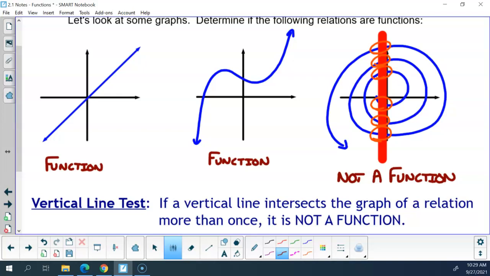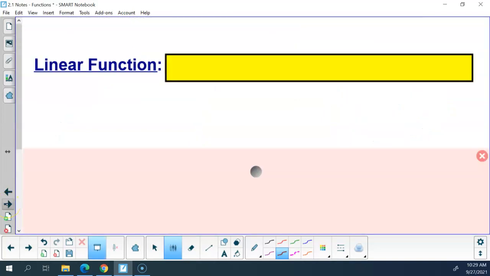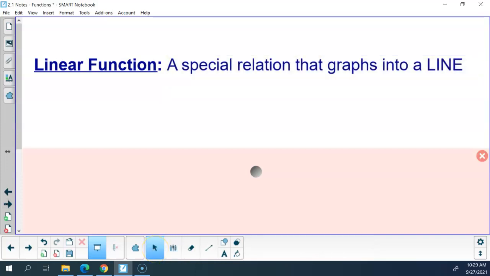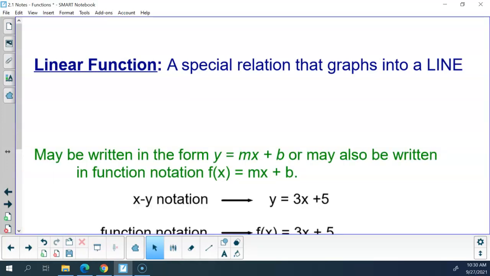I'm over it. Okay. Now, a special type of function out there is called a linear function. A linear function is a relation that is a function that graphs or maps into a line. Normally, we have this as y equals mx plus b.